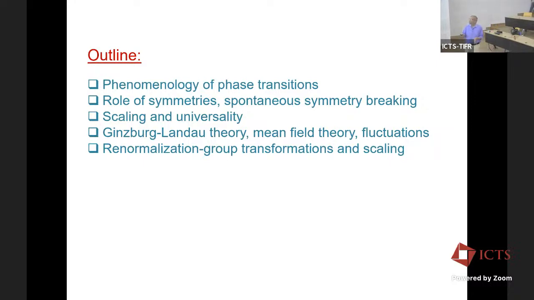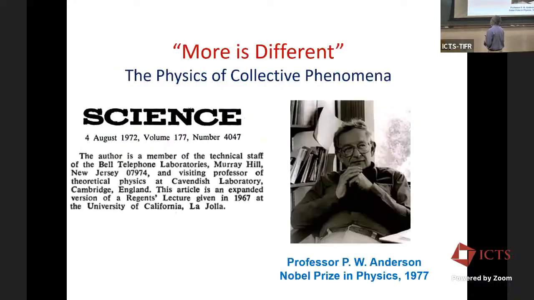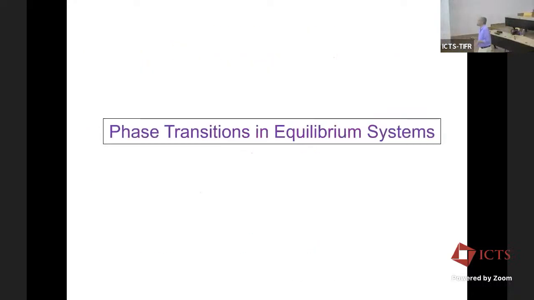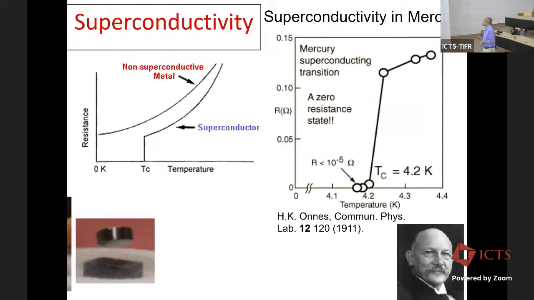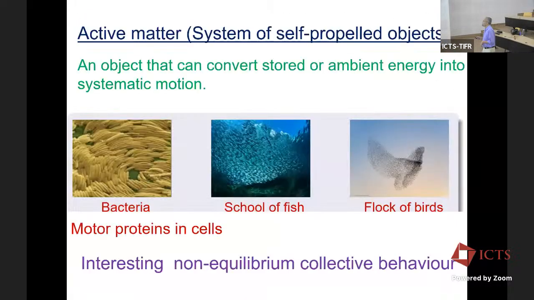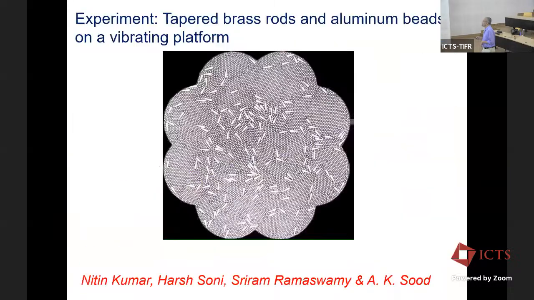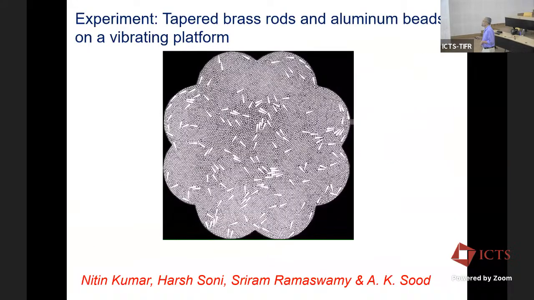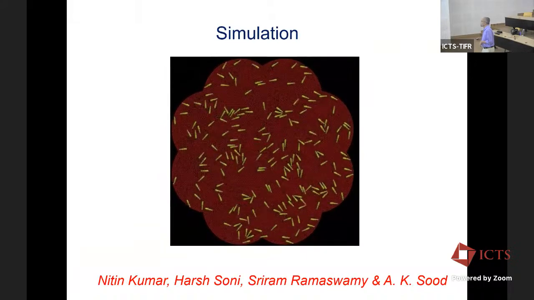These are the two things that I'll try to discuss in those talks. So let's just get back to where we were. So this is where we were in the last lecture.